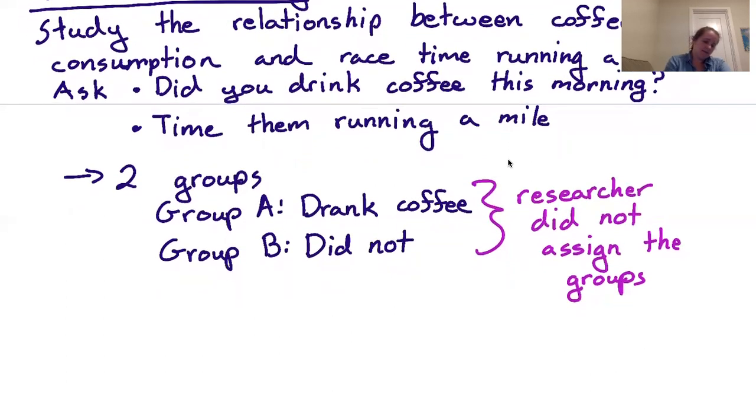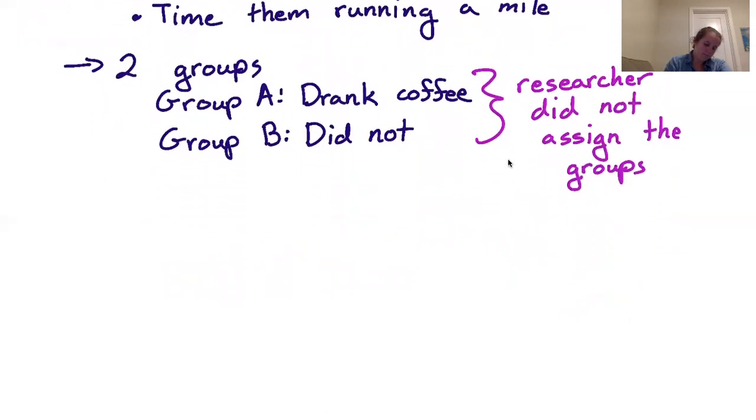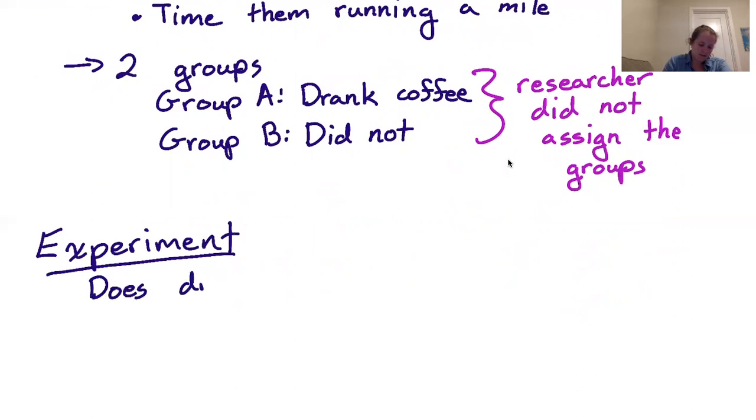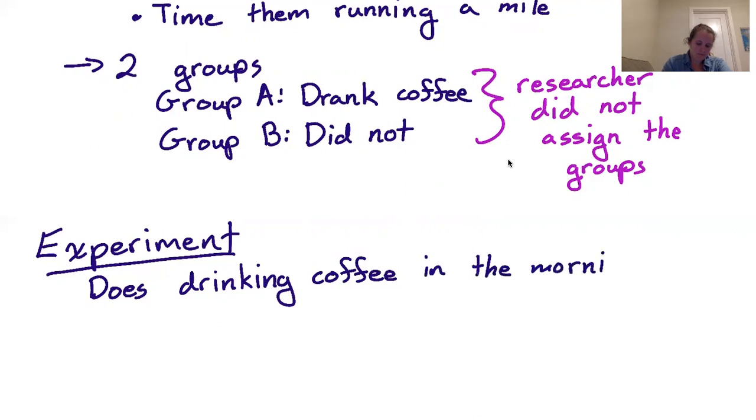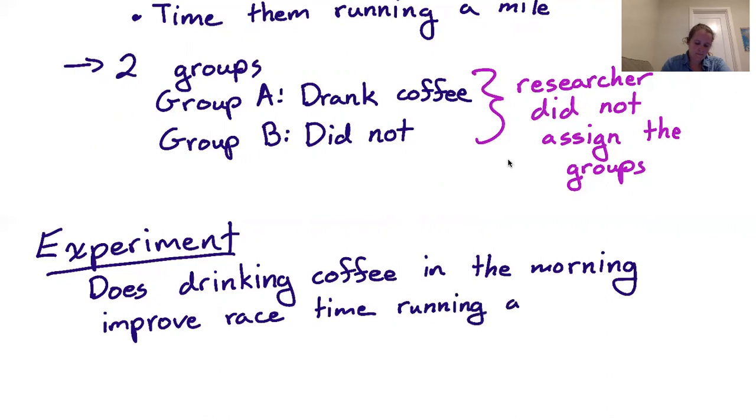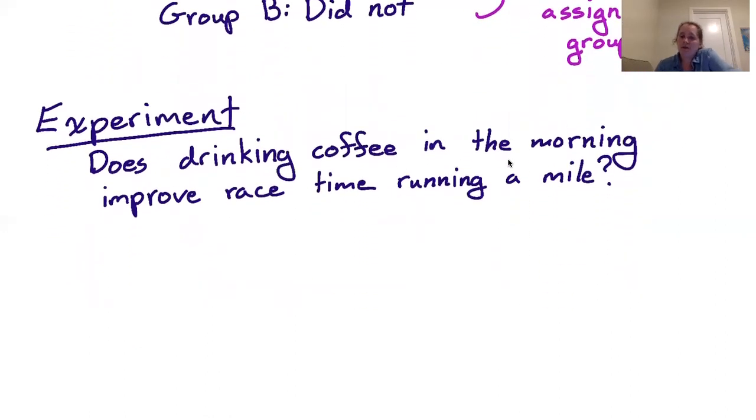For an experimental study on the same topic, if we want to know, does drinking coffee in the morning improve race time running the mile, then what we could do is the researcher could tell group A, drink coffee, and group B, don't drink coffee.